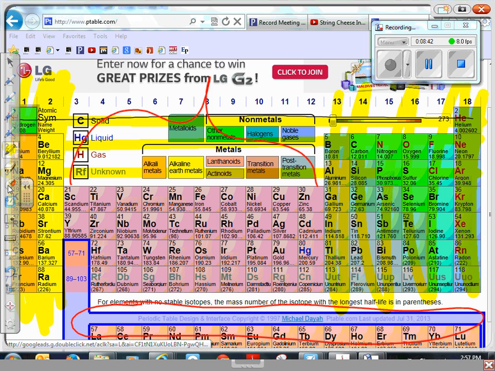So columns 1 and 2 plus 13 through 18, those together are called the main block elements. And then we'll talk about what happens here a little bit.